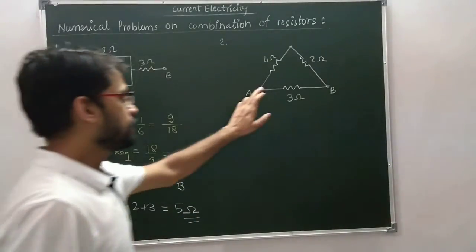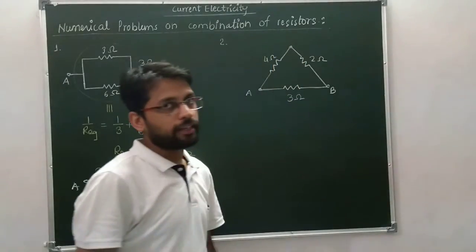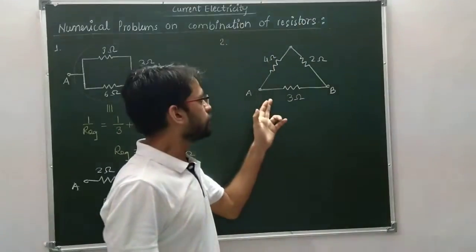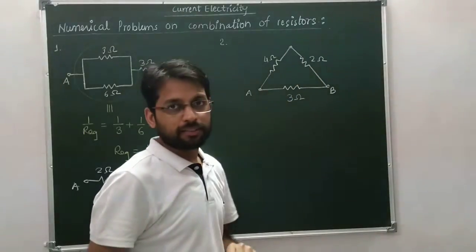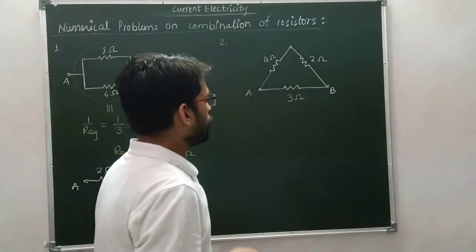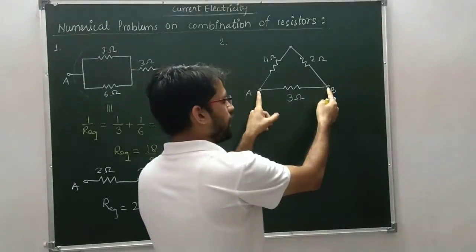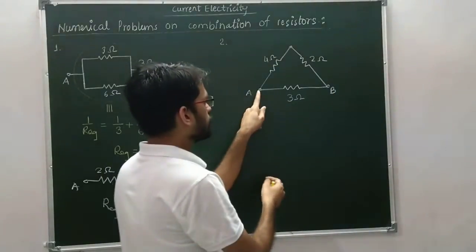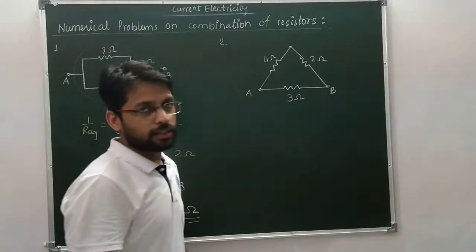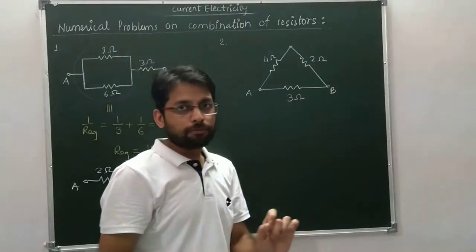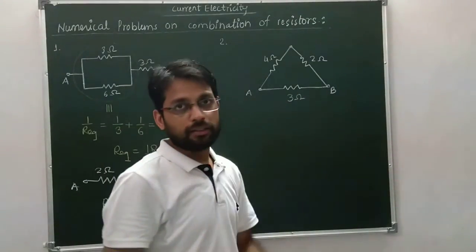Now come to the next problem. In this problem, again we have three resistors but connected to form a triangle. Now we have to find the equivalent resistance across A and B. This is terminal A and this is terminal B. Just note down, we cannot find equivalent resistance without mentioning the terminals.